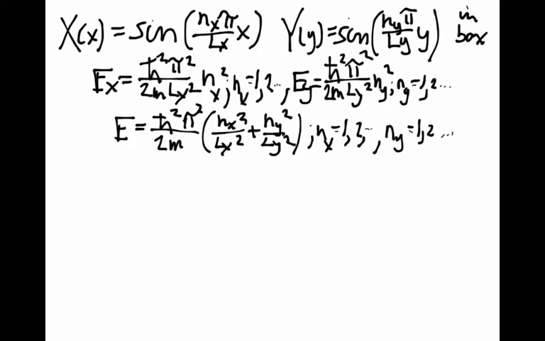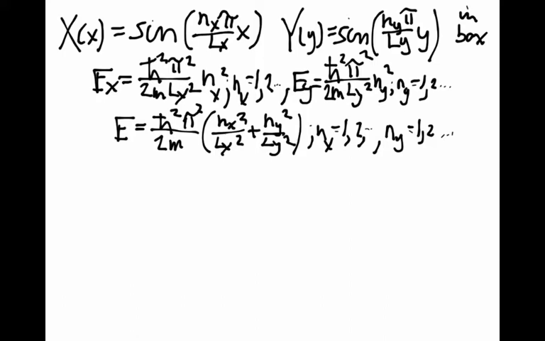For nx equals any positive integer, 1, 2, 3, etc. And ny is equal to any positive integer, 1, 2, 3, etc. Zeros still don't count. I have to get to 0 around the entire square. So I stitch it to 0 all the way around that patch of width Lx and Ly.